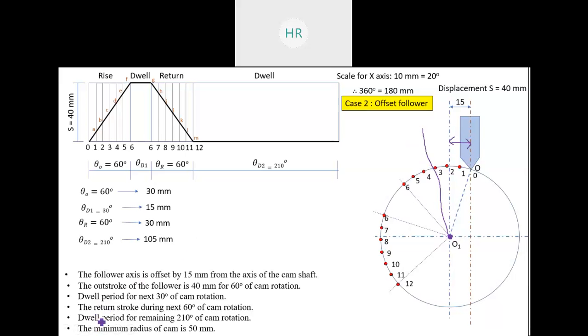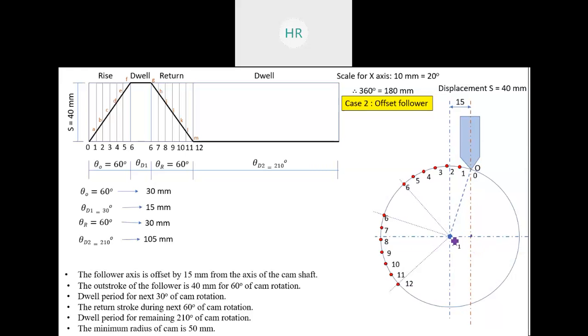So there is a little bit of variation in this second case. So what to do? This follower axis, you can see this brown line, is intersecting the horizontal central axis at this point.